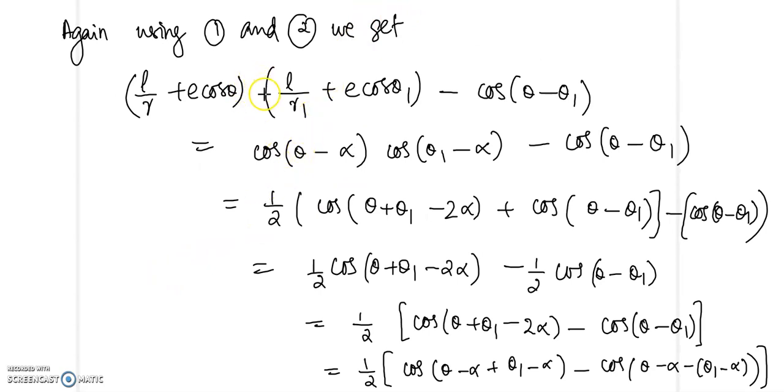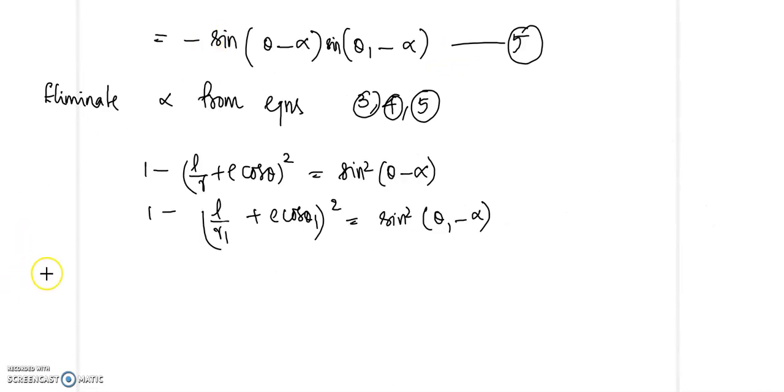So on the left side we started with L/r + e cos θ, then L/r1 + e cos θ1 minus cos(θ−θ1). So when we square this one, we will be having these terms inside the equation.